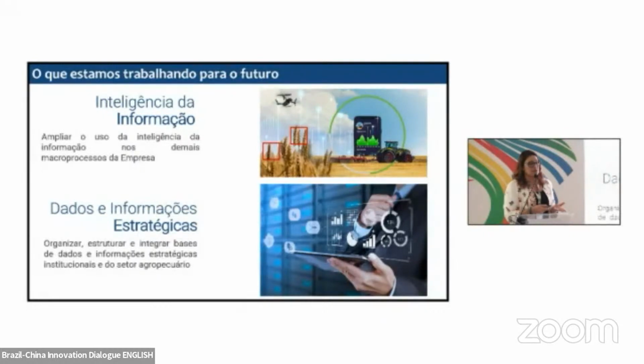And now we are working now with consolidation of the strategic intelligence of the company and the delivery of those reports back to society. Strategic information and data are the basis for us to have decision making going.